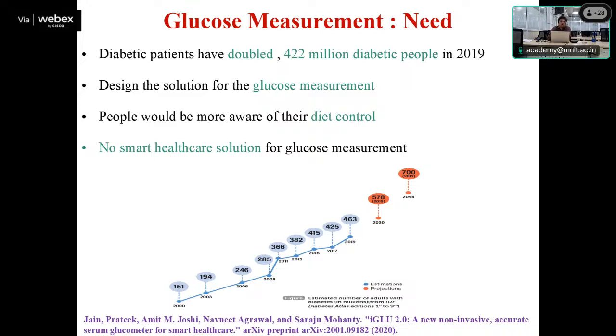Now, when I consider glucose, glucose is a very important particle of your body, because we cannot survive without glucose. Whatever food item we consume, through that we are actually consuming glucose. If your body does not have adequate glucose, then it is a very critical condition.